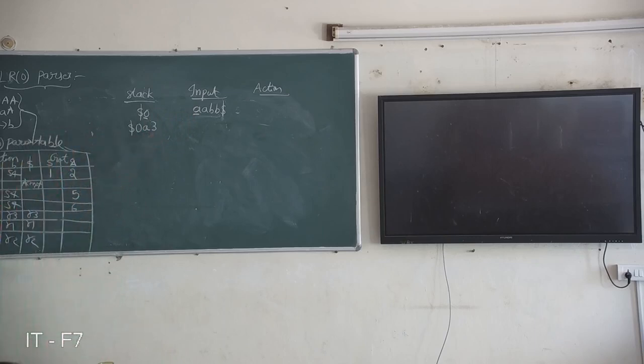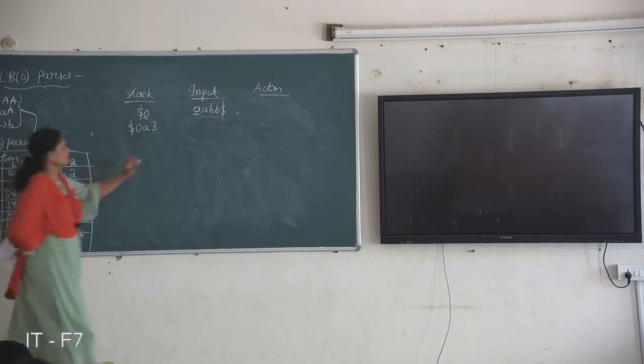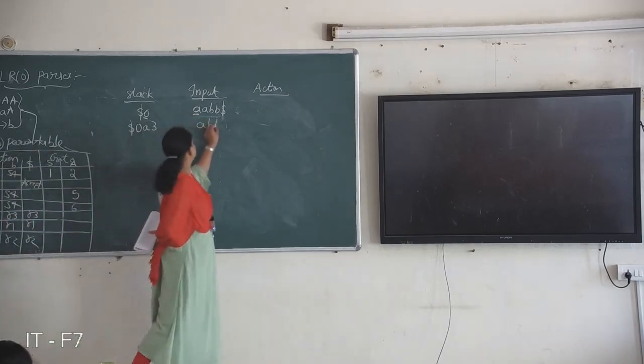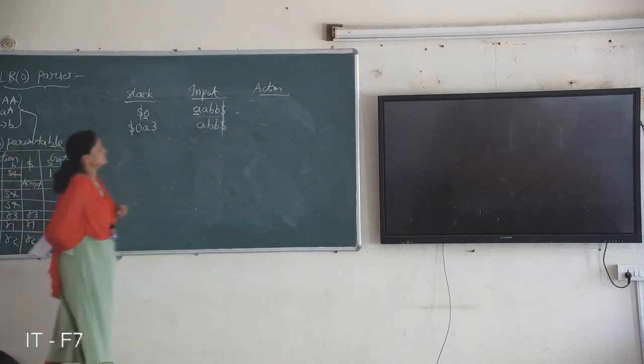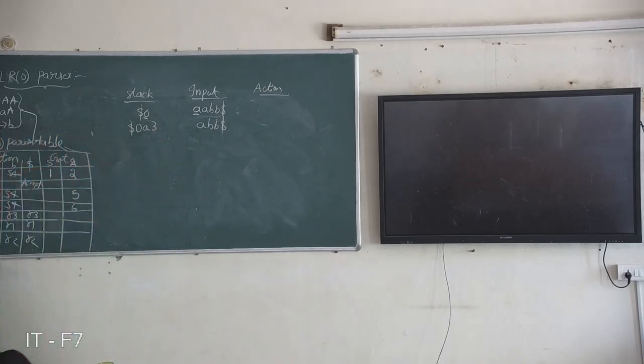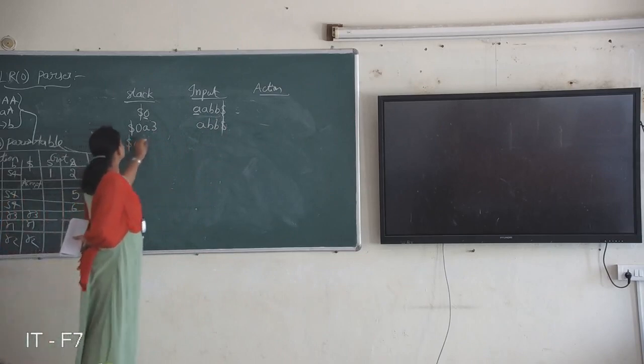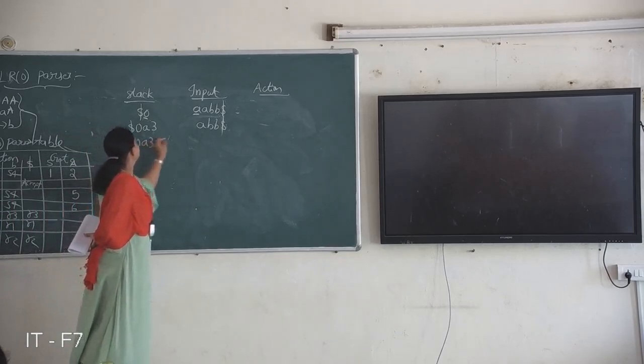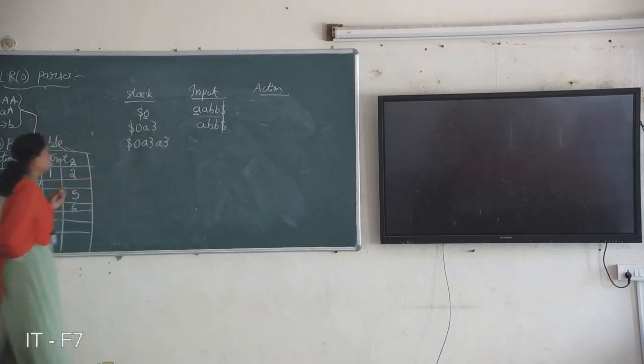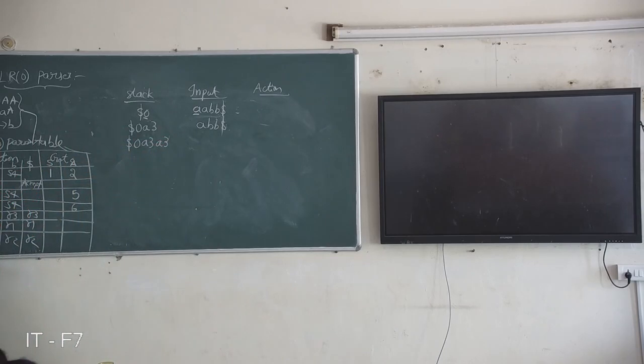The state number also has to be written. Next, 3 on A. What will you do? Shift action, and it changes the state to 3. So you can also write A3.